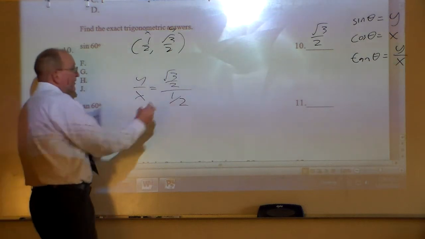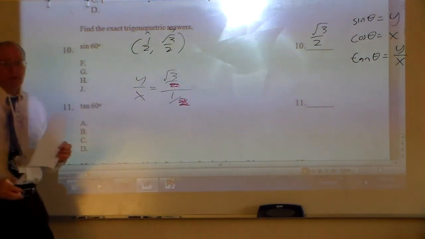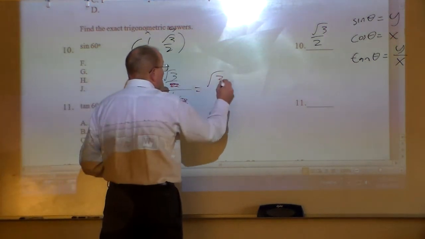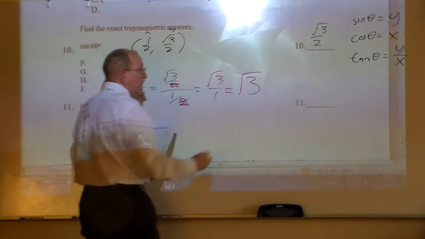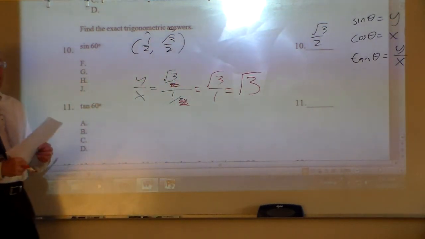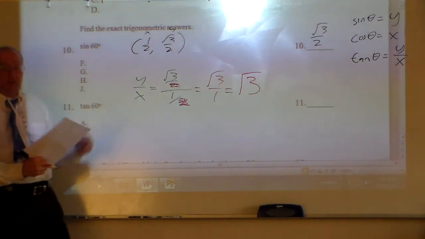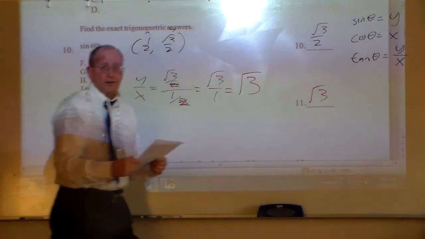Basically, we have a 2 here and a 2 here. Guess what happens to them? They would cancel each other out. So your answer would be the square root of 3 over 1, or just reduce to what? The square root of 3. So it really turned out to be pretty neat. On these problems, if you have a tangent, you can actually ignore the 2's. So the answer is square root of 3.